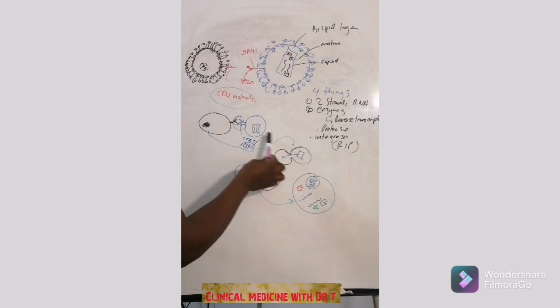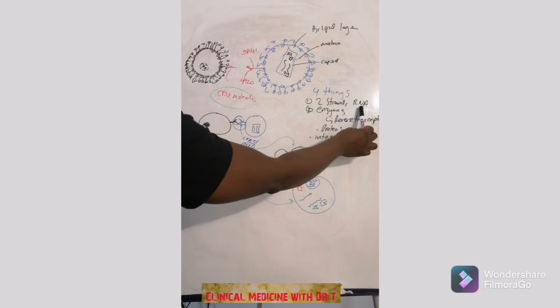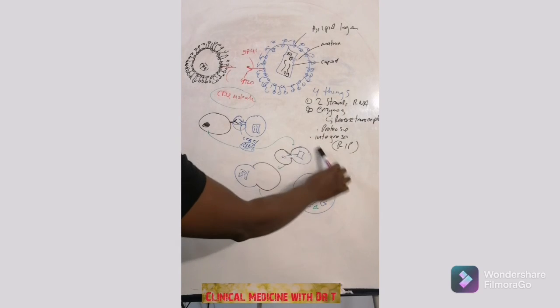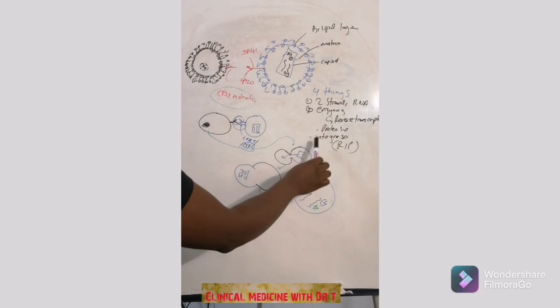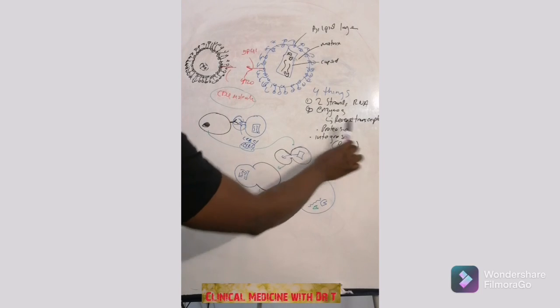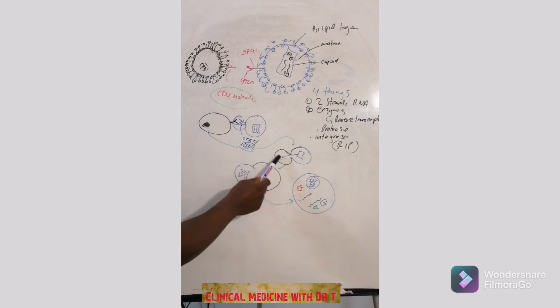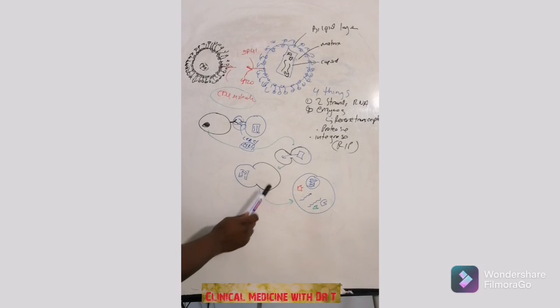So the material in this, which is the 2 strands of RNA and those 3 enzymes, the reverse transcriptase, the protease, and the integrase, are injected into the lymphocyte, and this becomes one cell.